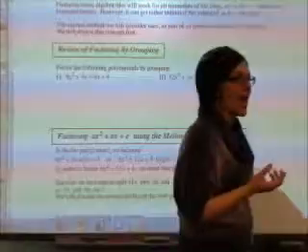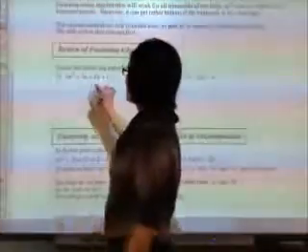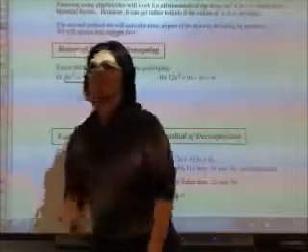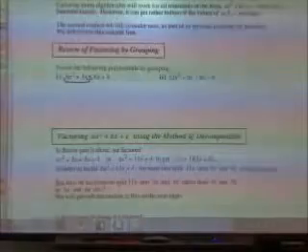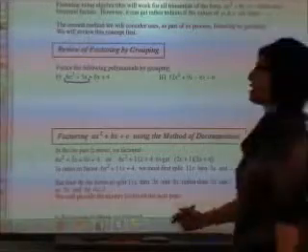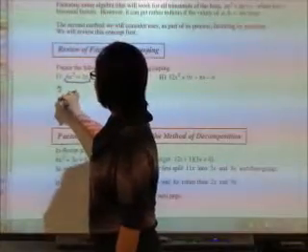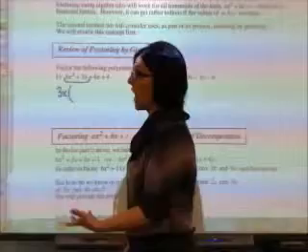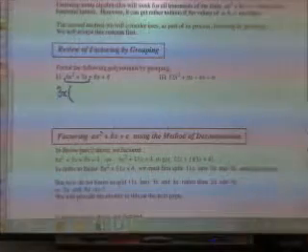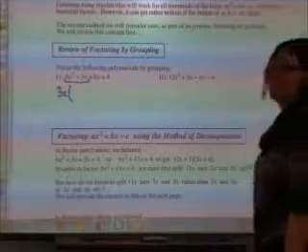So when I said you have 4 terms, I could probably group the terms together. If I look at 6x squared and 3x, what do they have in common? 3x. So if I factored out or removed or divided by 3x, what would that leave me with? 2x.